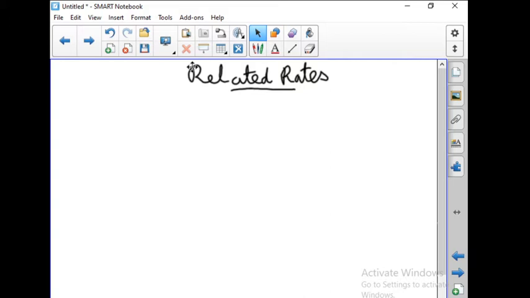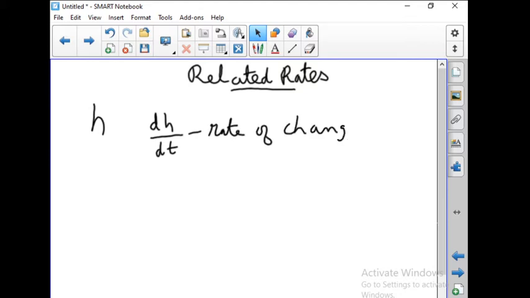So, what are rates? If h is the height of a mountain, then what is dh by dt? Rate of change of height with respect to time.